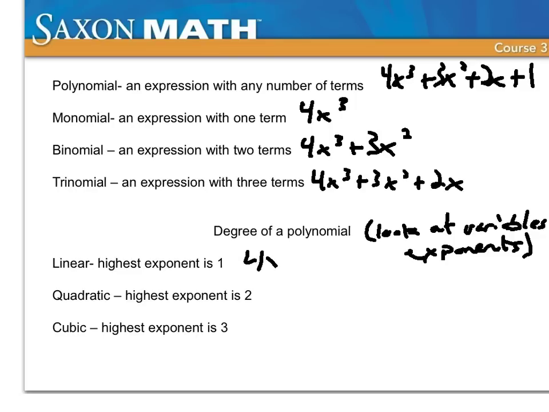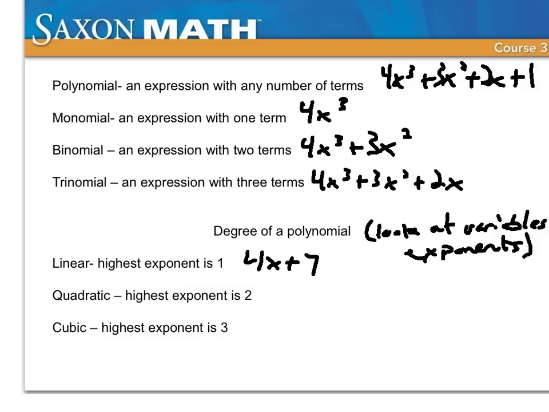Let's do 4x plus 7. This is a binomial because we have two things added together. And I'm going to look to tell the degree at the variable's exponents. Well, there's no variable with the 7, so I'm going to look at the x. And the x has an exponent of 1 because we could put a 1 up here. So it is linear. Anything where the highest exponent is 1 is called linear.